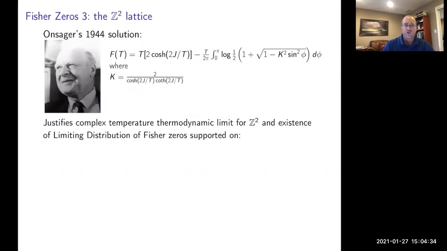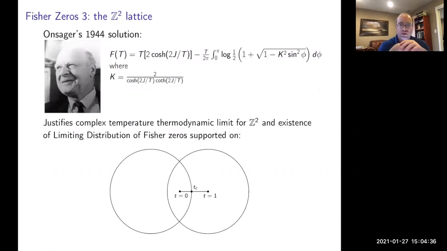And it also tells you that the limiting distribution of Fisher zeros, if you study this equation, is supported on the union of these 2 circles. I think it's |t minus 1| equals square root of 2, and |t plus 1| equals square root of 2.